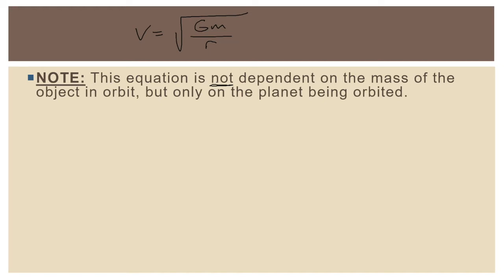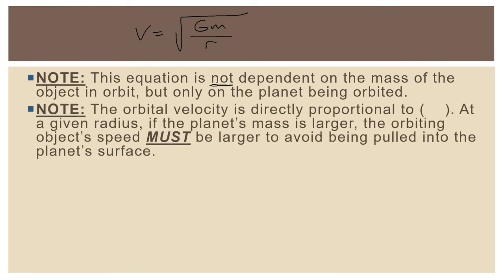Additionally, as you can see here, the orbital velocity is directly proportional to the square root of the mass of the planet. And so at a given radius, if all of a sudden the mass of a planet got larger, like obviously that's not going to happen, but just for an intellectual exercise, at a given radius, if the planet's mass is larger, essentially what this equation is saying here is that the object's speed must be larger to avoid being pulled into the planet's surface.